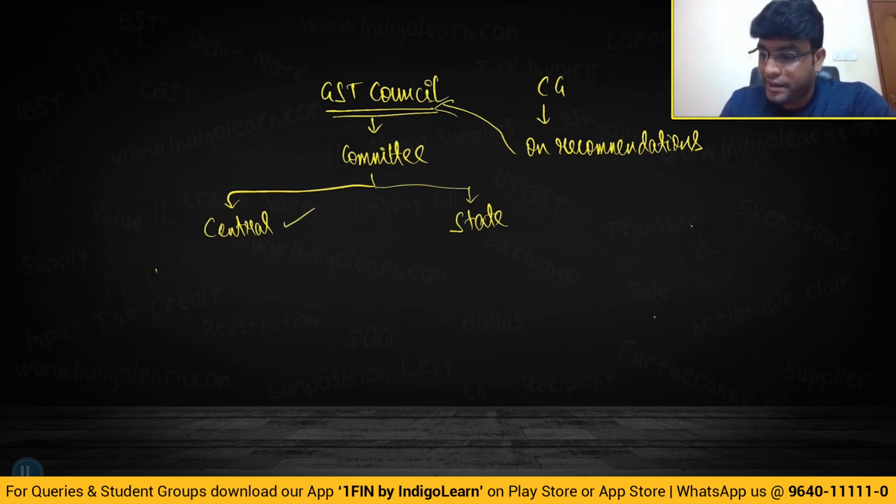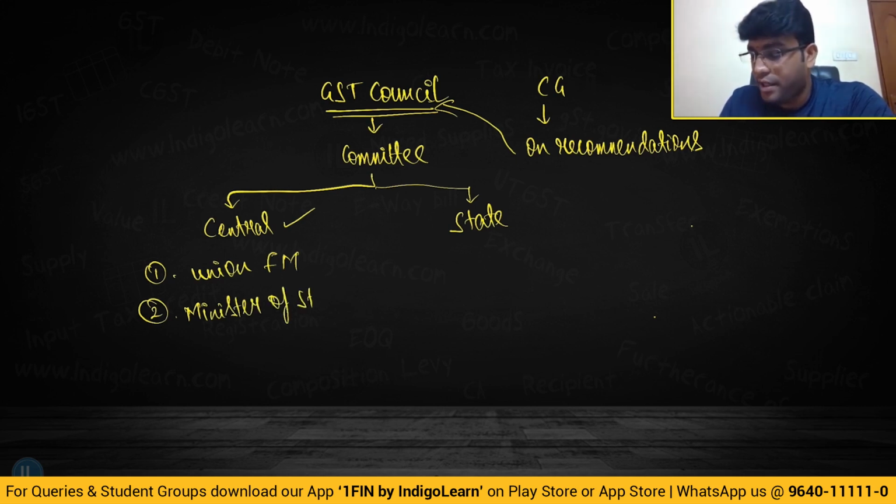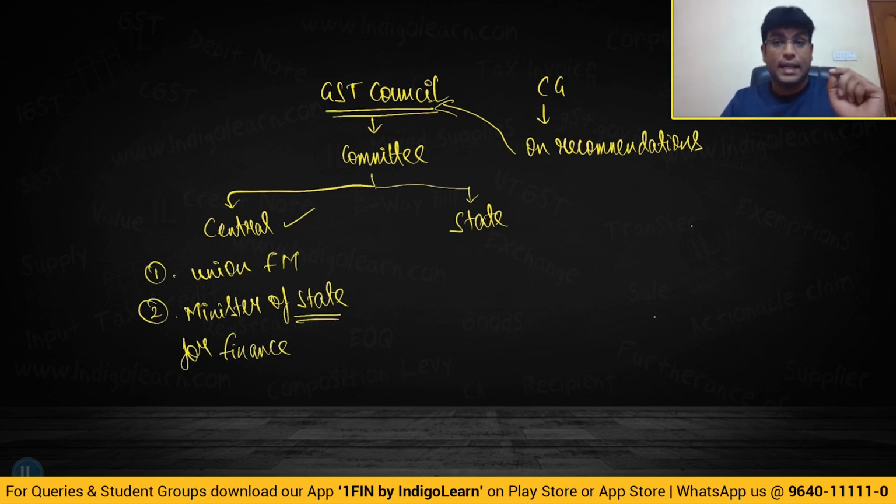On the central side, there are two members. One, the Union Finance Minister. Second, the Minister of State for Finance. The word is Minister of State, but that doesn't mean he's a state level person, he's a central level person only. So there are two persons: the Union Finance Minister and the Minister of State for Finance.